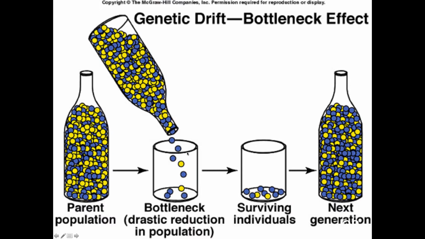Just simply due to randomness, you are going to bias that sample for either yellow or for blue, and when the next population reproduces and grows again, you're going to end up with a population that is much more dominated by one or the other allele.